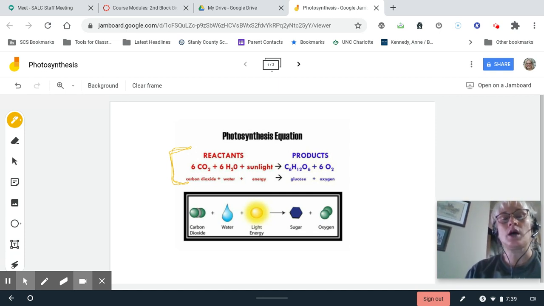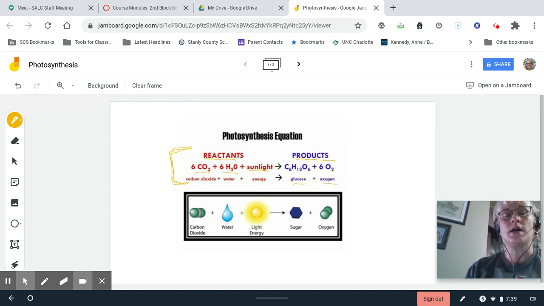So think of these equations as opposites of each other. We still have reactants. Reactants are always on the left. We have products. Products are always on the right. So in photosynthesis, we're going to be using carbon dioxide, we're going to be using water, and we're going to be using sunlight, and we're going to make the sugar, glucose, and make oxygen.